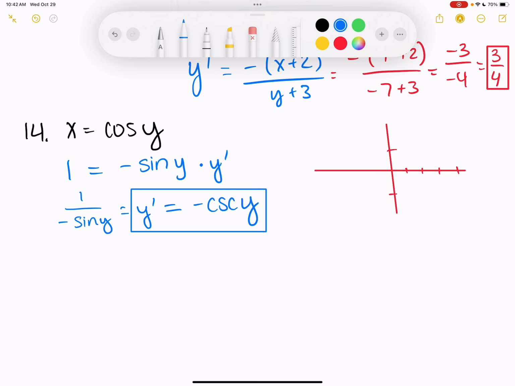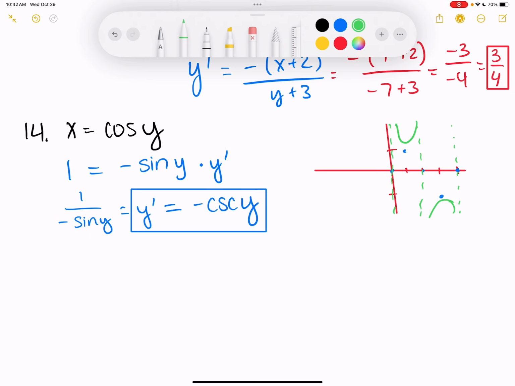It starts at 0, goes up, down, up. So everywhere that sine crosses the axis, like at 0, there's an asymptote for cosecant. So at any increment of pi, it would not be defined, because cosecant would be up here like that.